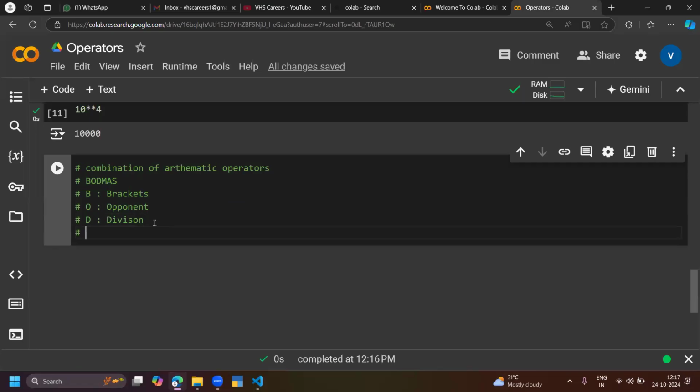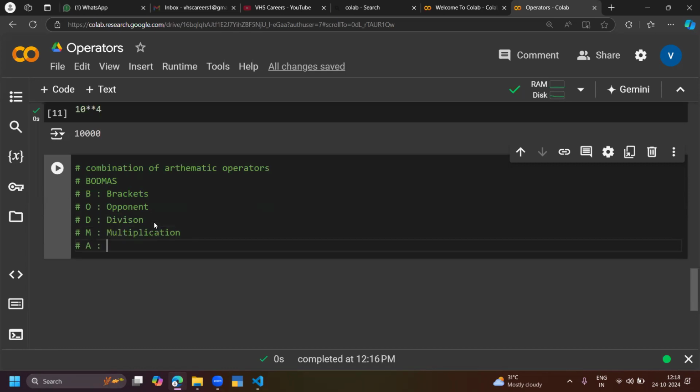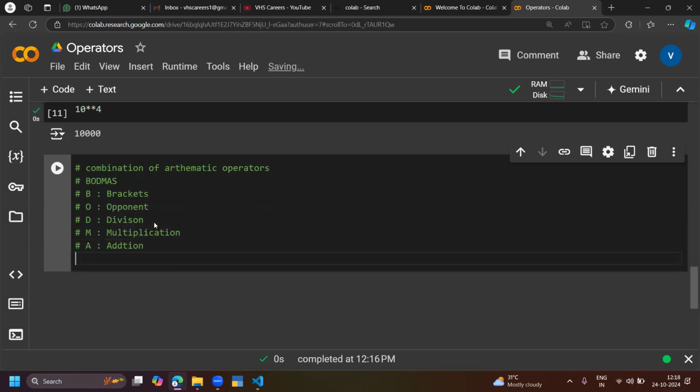After that, M is multiplication, the next priority. After that, A is addition. At the last, S is subtraction, the last priority of the operations.